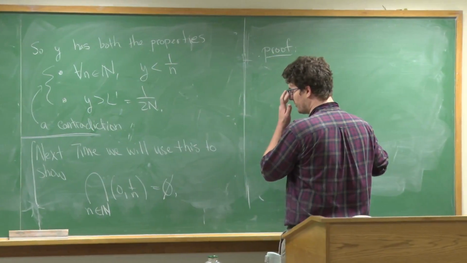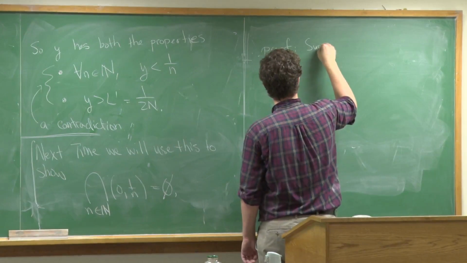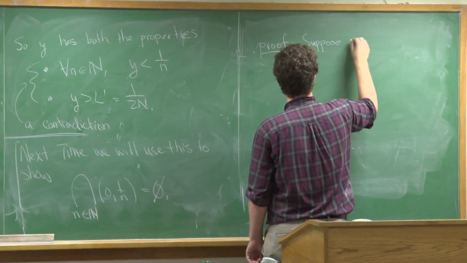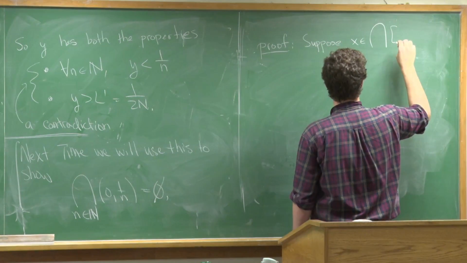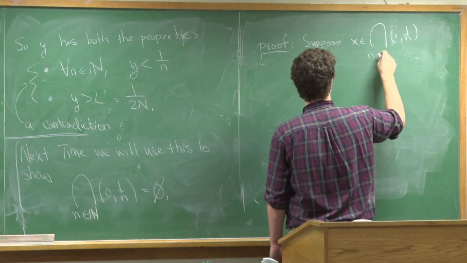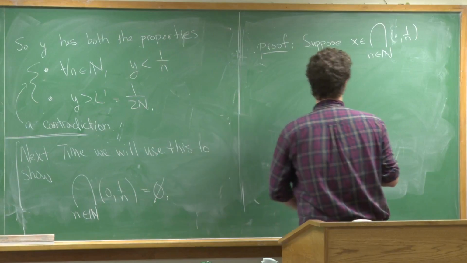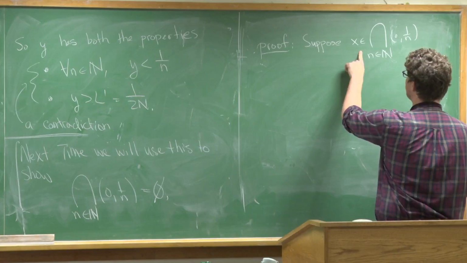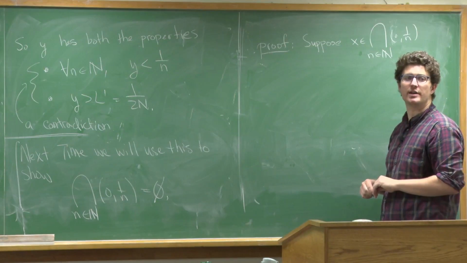Suppose x is an element of this set here, from 0 to 1 over n for n in the natural numbers. Then I'm going to show that this is false. I'm going to show that this is a contradiction, and that's the same thing as showing it's an empty set.